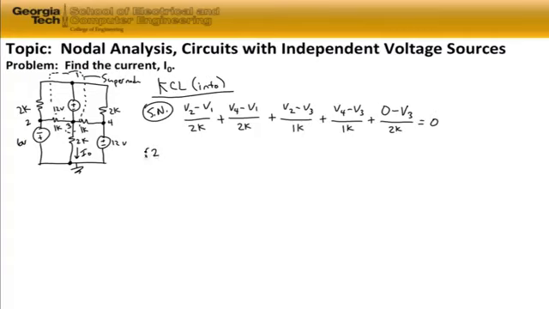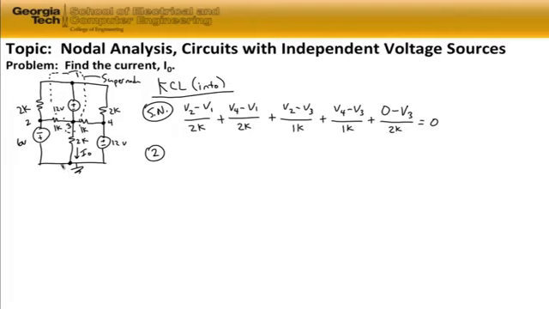Now we're going to go to node 2, and we're going to sum the currents into node 2. We notice that node 2 has a voltage source tied to it, which is the 6-volt source. With nodal analysis, what we're ultimately looking for are the nodal voltages. Since we have a voltage source between node 2 and the ground node, which is at 0 volts, we can determine the nodal voltage for node 2 very easily, simply by writing the equation relating the nodal voltages with that source.